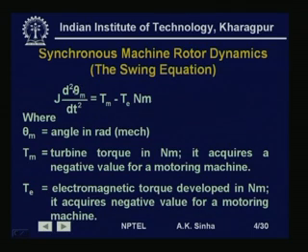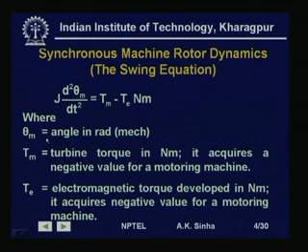Theta m is the rotor position with respect to a stationary reference frame, and Tm of course is the mechanical torque input, T is the electrical torque which is the output. So, Tm minus T, all these are in Newton meters.